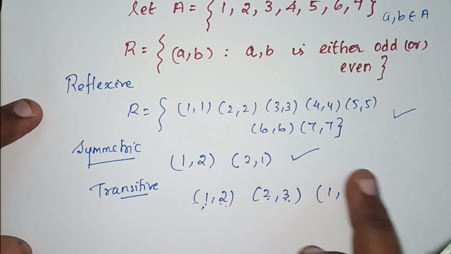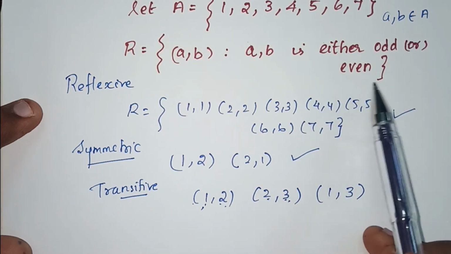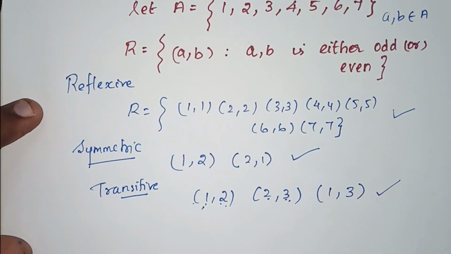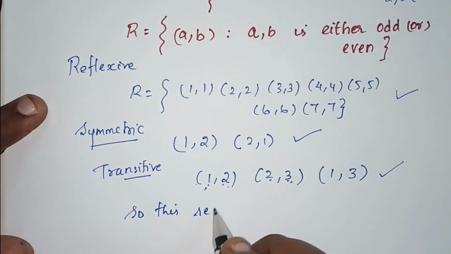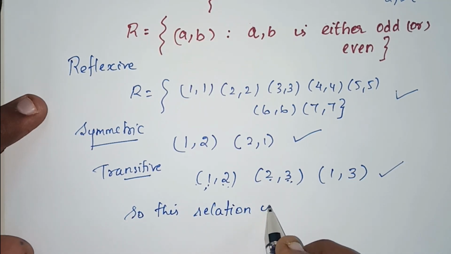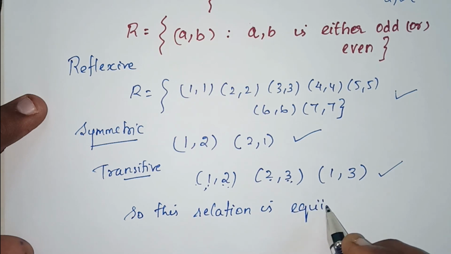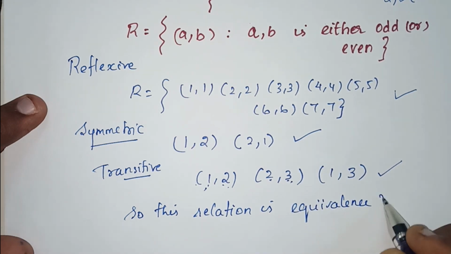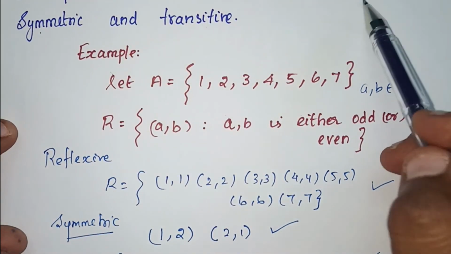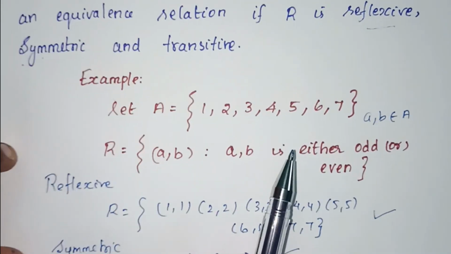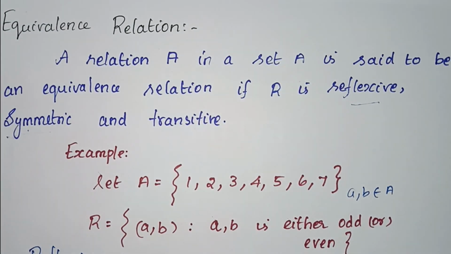So these elements also satisfy this condition. So this relation is also transitive. So this relation is an equivalence relation.